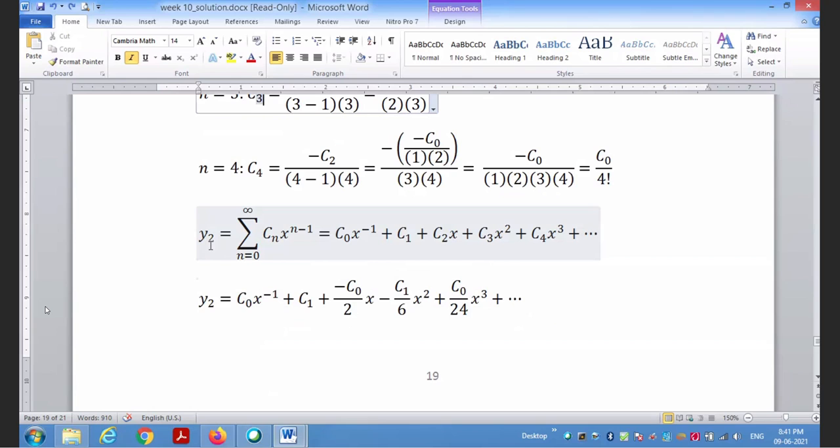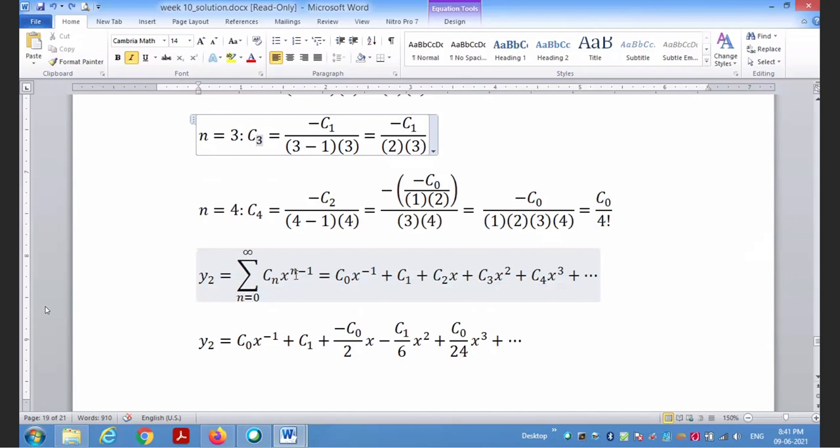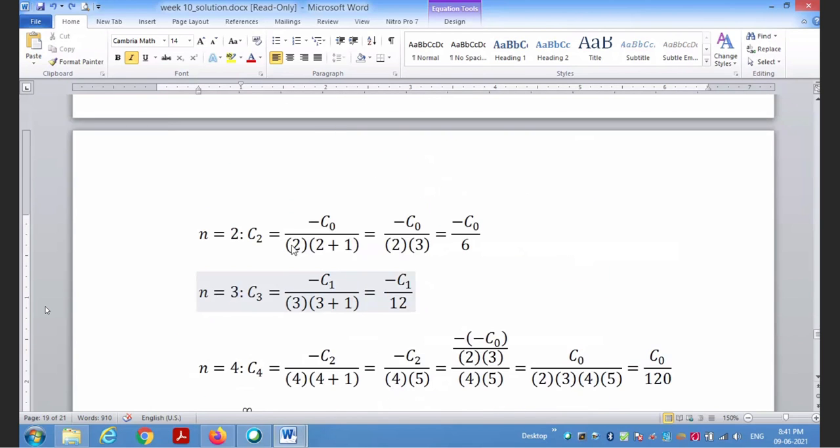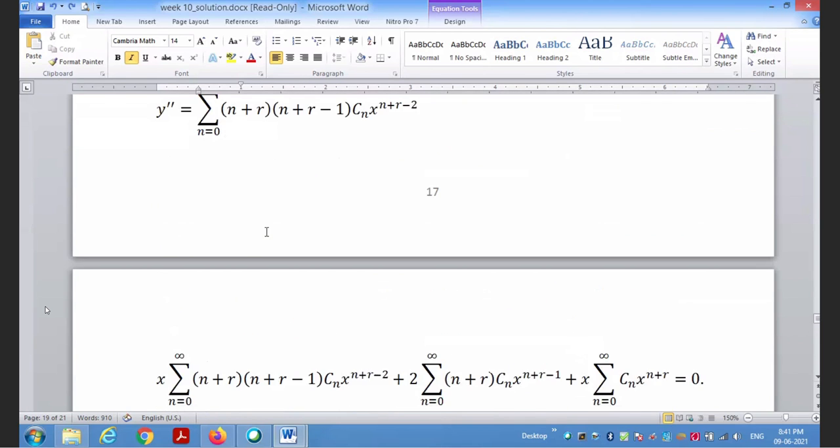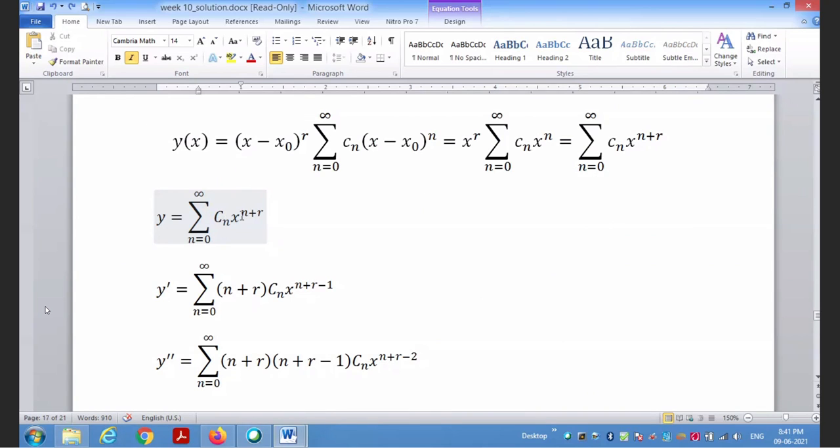Now remember, we have to replace Cn x^(n+r), with r now equal to minus 1. Don't put Cn x^n, because our y now becomes Cn x^(n+r). In the previous method, it was Cn x to the power of n. For Frobenius, it is n plus r.